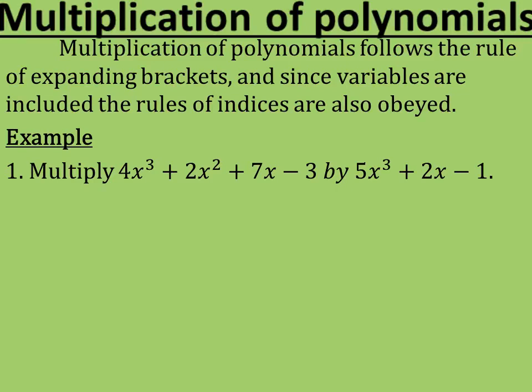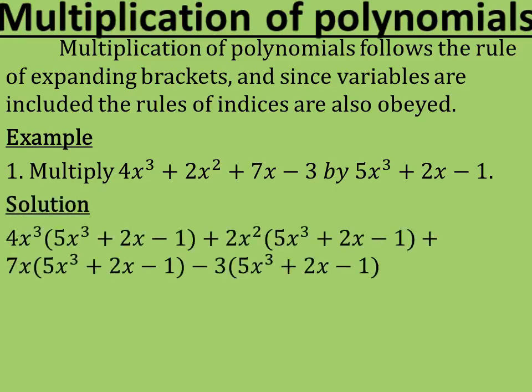Here is the solution. What we do here is taking each term of the first equation and multiplying it by the whole of the second equation, that is 4x raised to power 3 multiplied by the whole second equation, which is 5x cubed plus 2x minus 1.